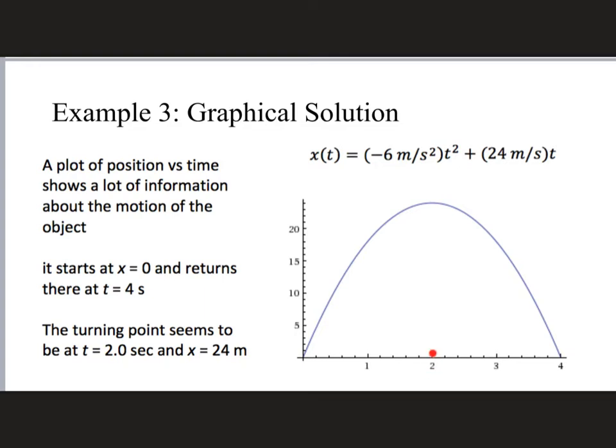So we might expect the turning point to be in the middle, at the time 2 seconds. This is the time axis, and this is the position axis, x of t. So we expect the turning point to be at 2 seconds, and looking over, it looks to be at about 24 meters as the position.